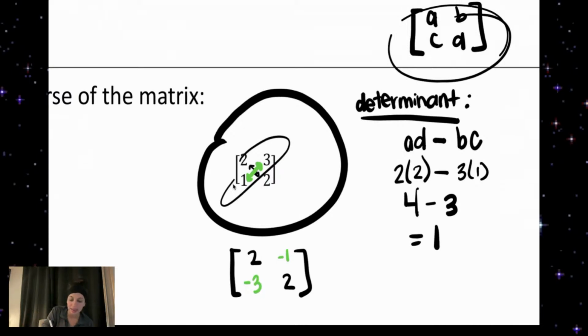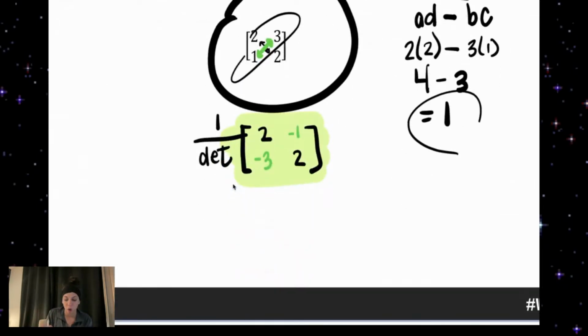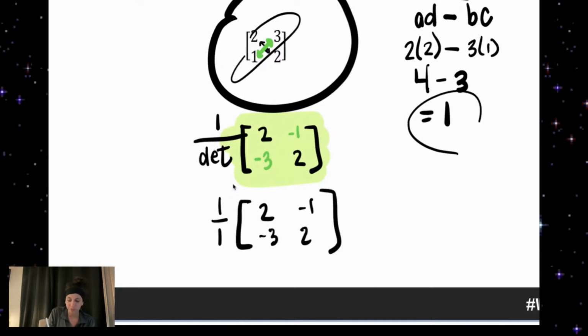I'm going to take this new matrix that I have, and I'm going to multiply it by 1 over the determinant. Well, the determinant was 1. So 1 over 1 times 2, -1, -3, 2. It's just 2, -1, -3, 2, right?